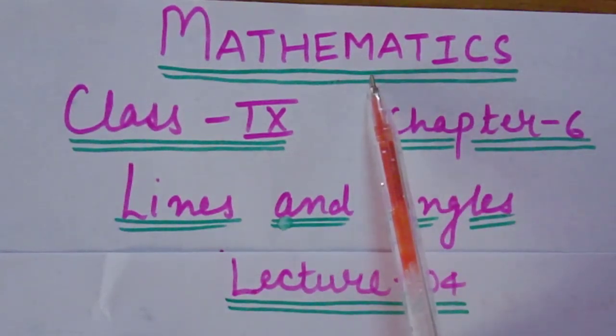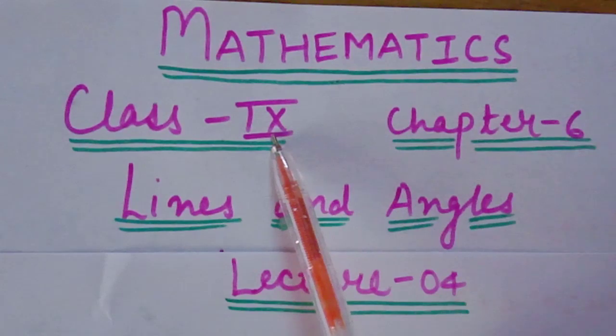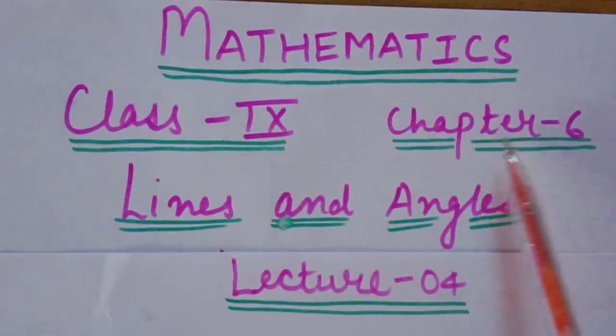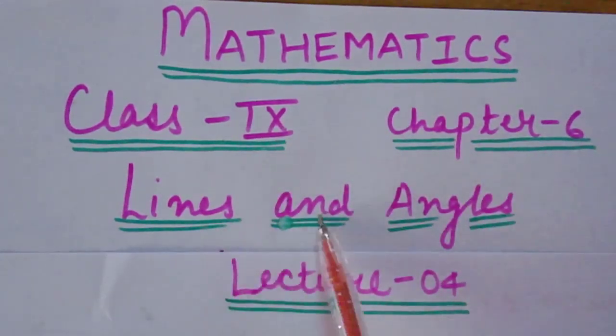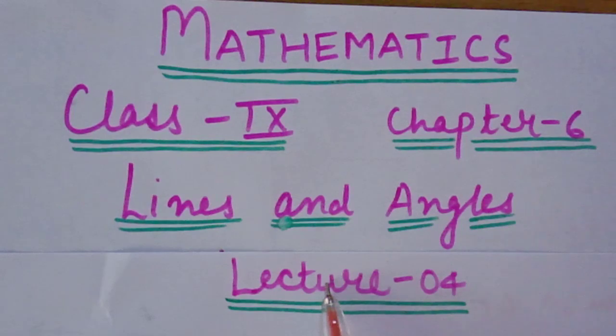Students, this is your mathematics class for class 9th, chapter 6, chapter name Lines and Angles. This is your lecture 4. In the previous lecture we discussed theorems 6.3, 6.4, 6.5 and their examples, and also the exercise questions of exercise 6.1.